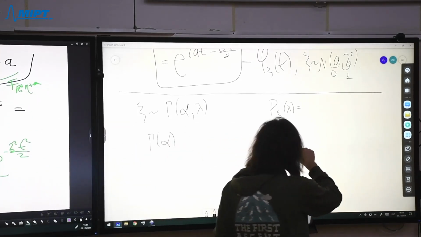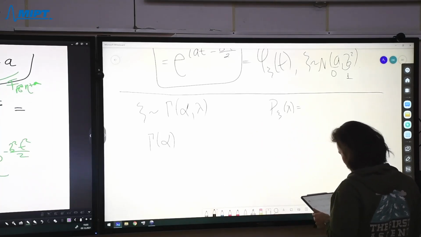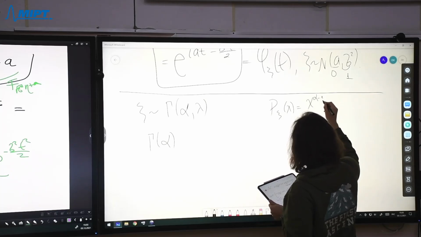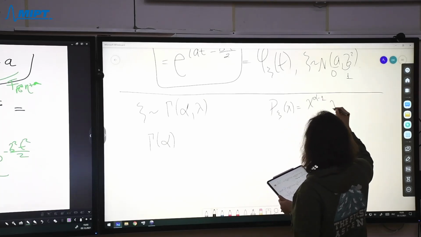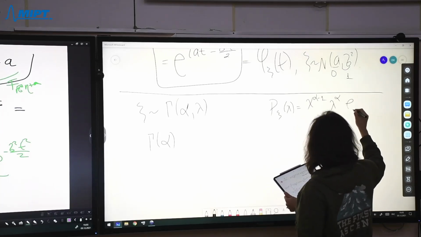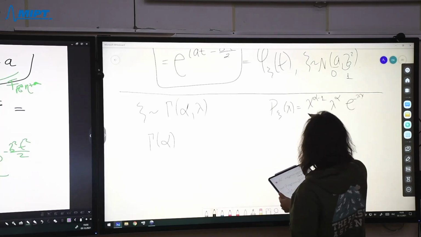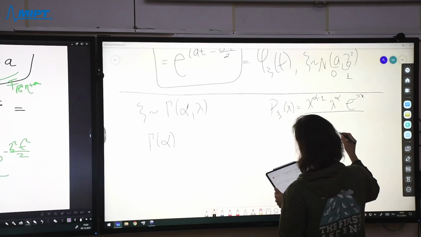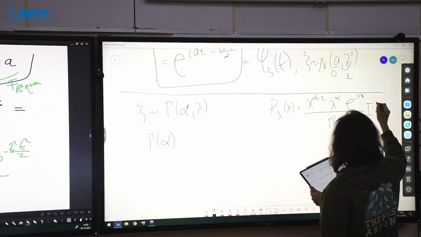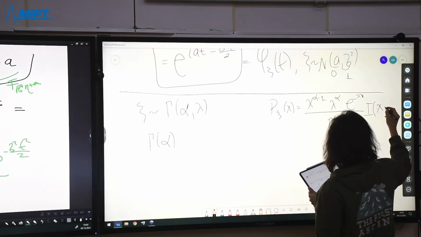So the density is something like this: x to the alpha minus 1, lambda to the alpha, e to the minus lambda x, all of this over the gamma function of alpha, for all values such that x is greater than 0.